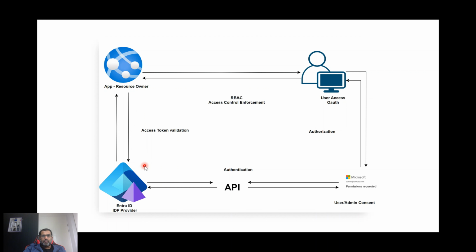The moment the user completes his or her authentication, Entra ID challenges for consent. Let's keep in mind there are two types of consent: user and admin consent, which I mentioned here. After successful authentication, Microsoft Entra ID lists the permissions that the SaaS app is requesting, for example accessing the user profile or accessing the email.